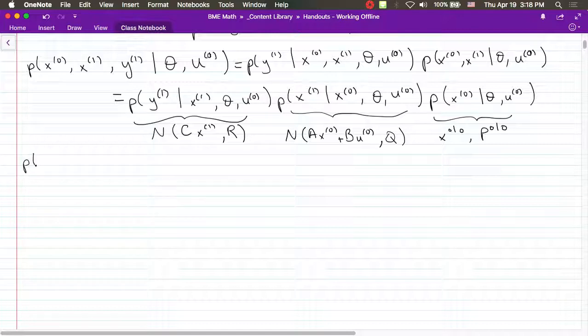So P of x0, x1, x2, y1, y2, given our parameters theta, input u0, input u1.